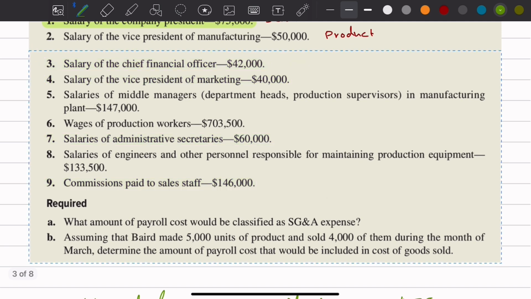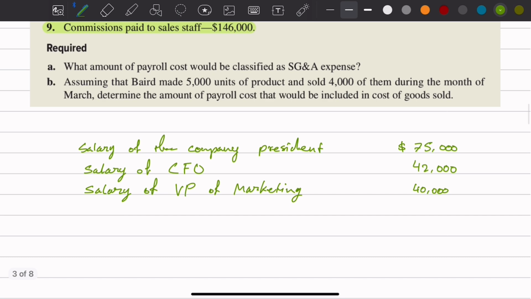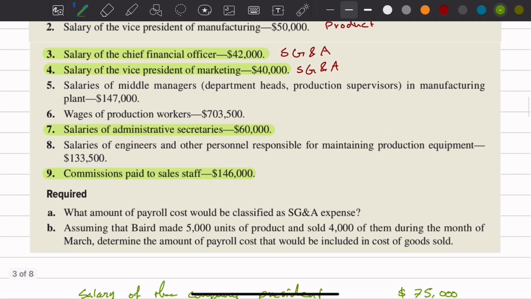Next, salary of administrative secretaries, which is 60,000.